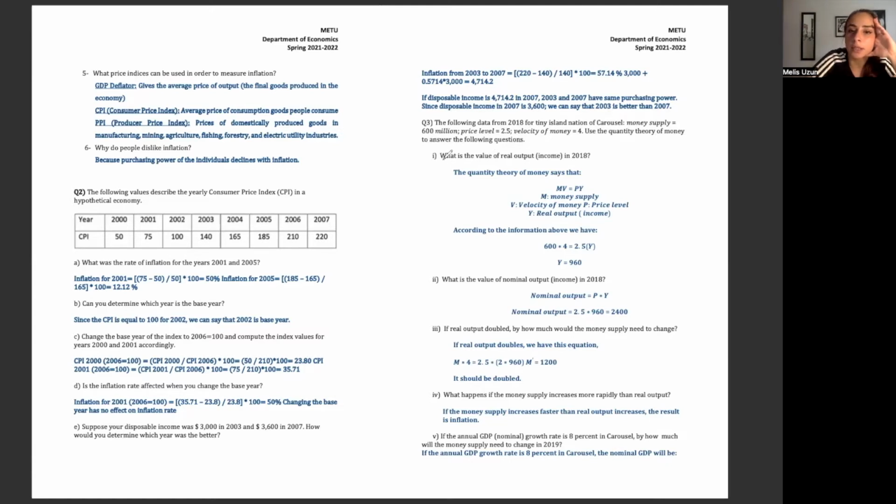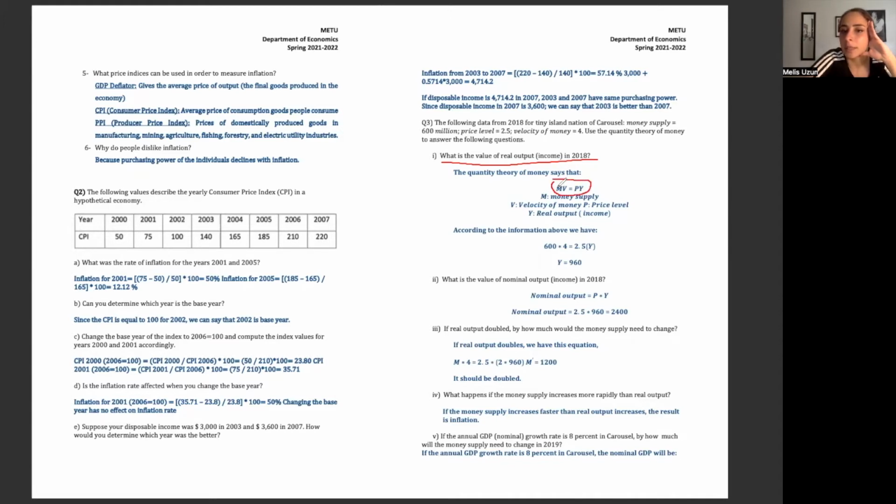The option E says what is the value of real output income in 2018. So we need to use the quantity of money, and what was that? It is this one.